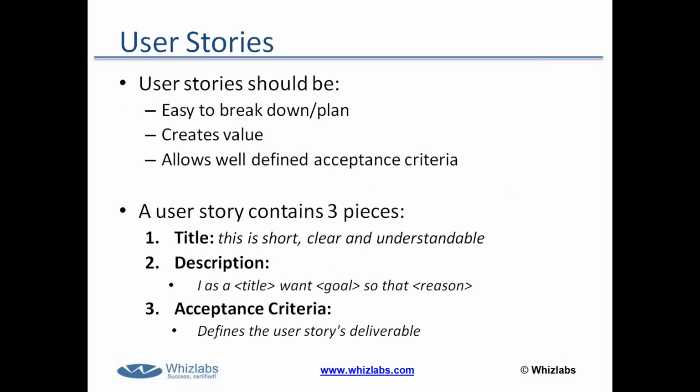User stories should be easy to break down, plan, and communicate. User stories create value. The goal of the development cycle in Scrum should always be, at the end of each sprint, to release some potentially valuable feature that the client and the customer can use.